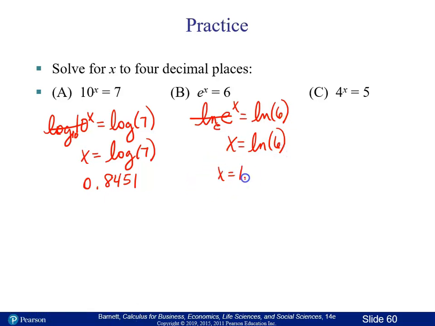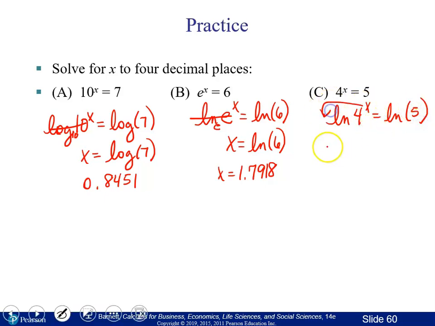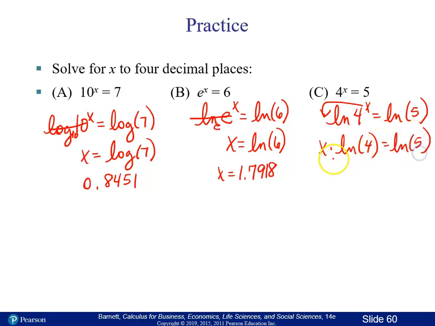So that would be 1.7918. And then this one, it really doesn't matter because you don't really have one of those special bases. So typically we'll just use ln. So ln of 4 to the x is equal to the ln of 5. Bring that x down in front like we did in the example earlier.